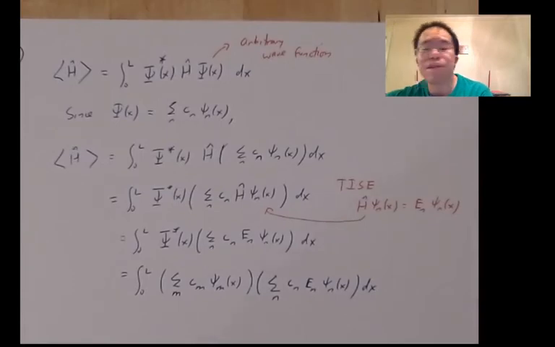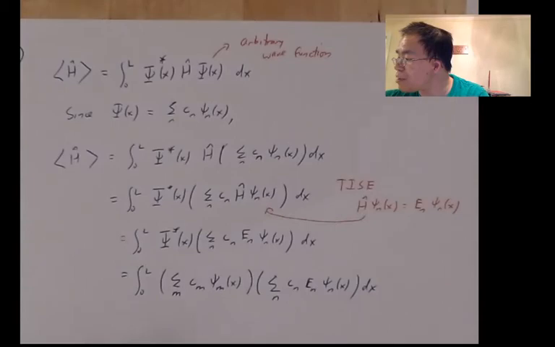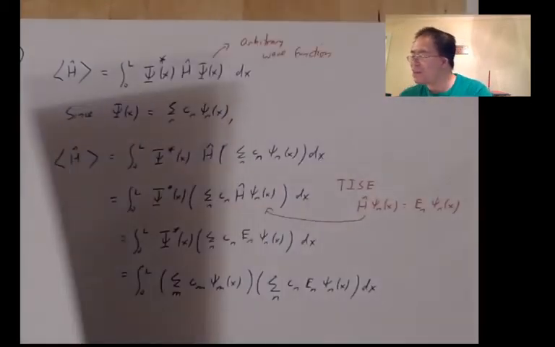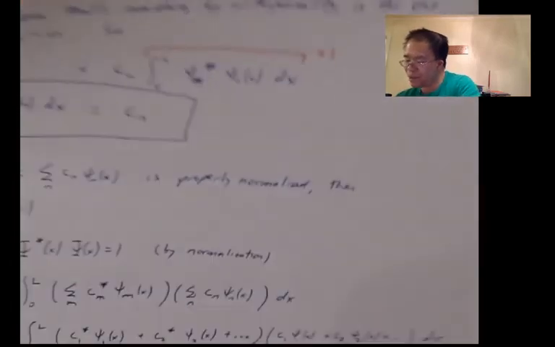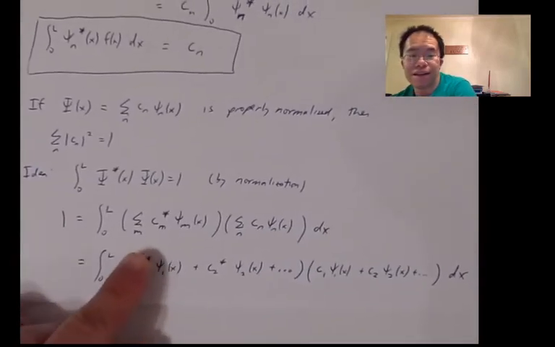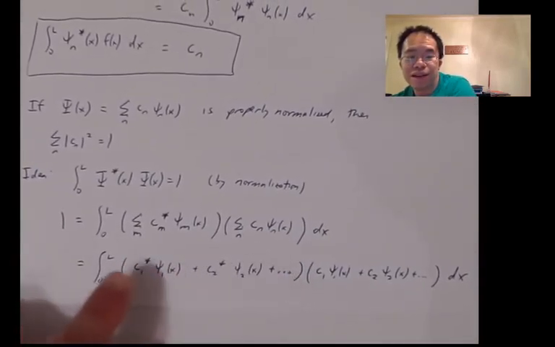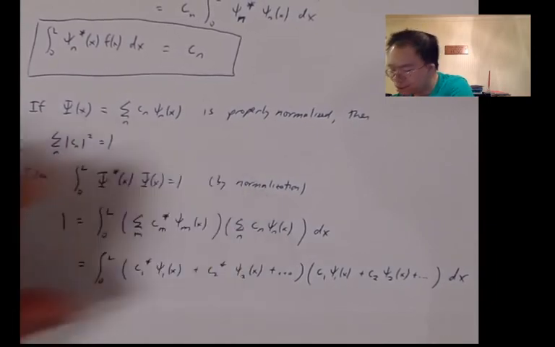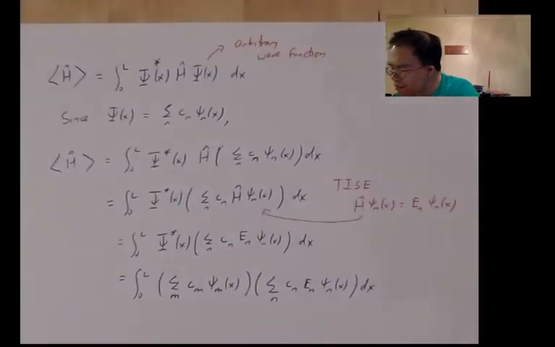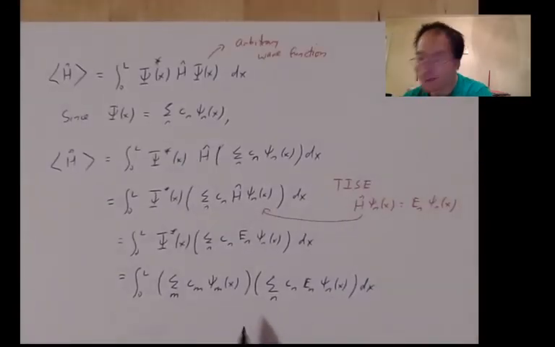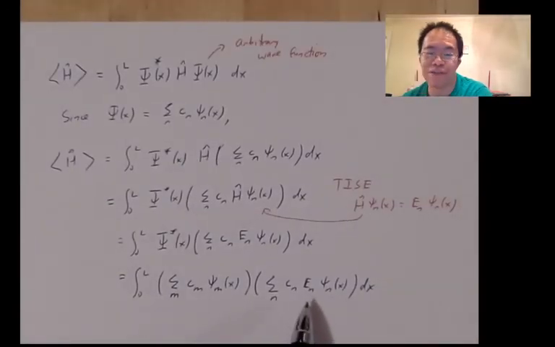But now, notice that this is almost exactly the same as what we had the last time. In the previous part, we had this thing with psi sub m multiplying this other thing with psi sub n. We have almost exactly the same thing, only we now have an extra factor of E sub n there.